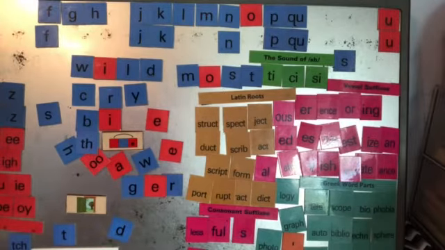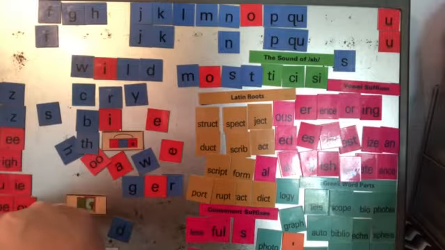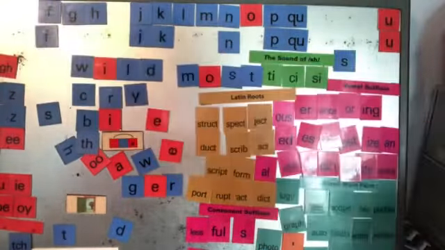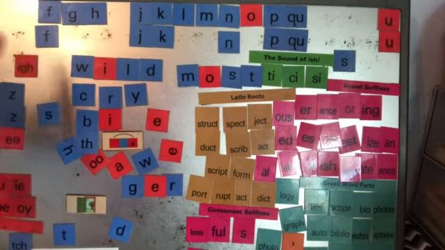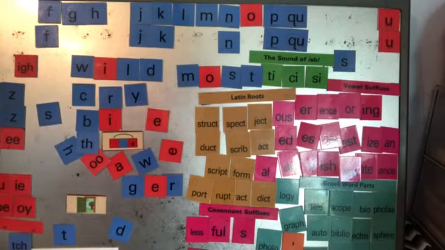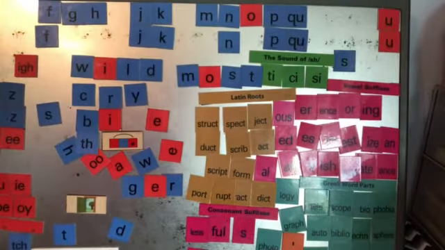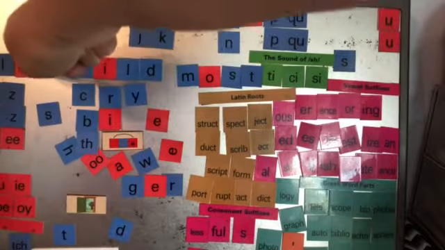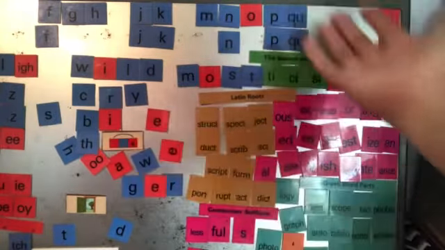Okay, the last long I sound is our IGH tile right here. There are 3 words with IGH. The GH is quiet and it makes the I long. So one of your words is light. So we just do the sound before and after. So we have light. So then we find our T, wherever that is.